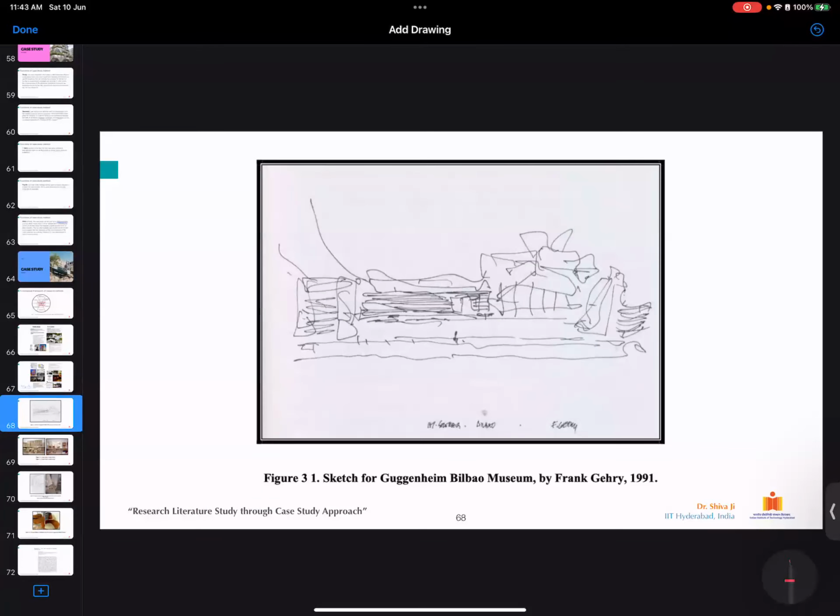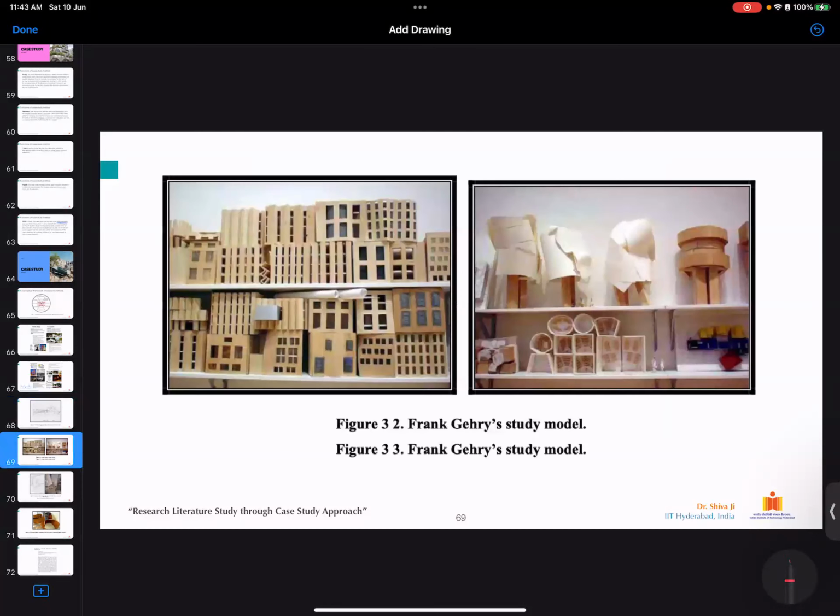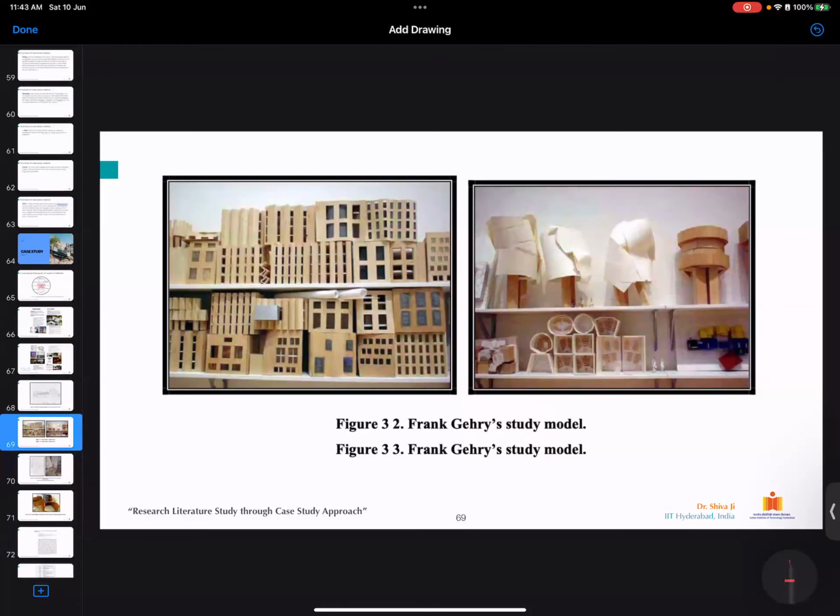If you see, this is the sketch drawn by Frank Gehry for the Guggenheim Bilbao Museum, and some of his study models. If you see the pictures and videos or interviews with Frank Gehry, he shows his studio, his sketches and models.